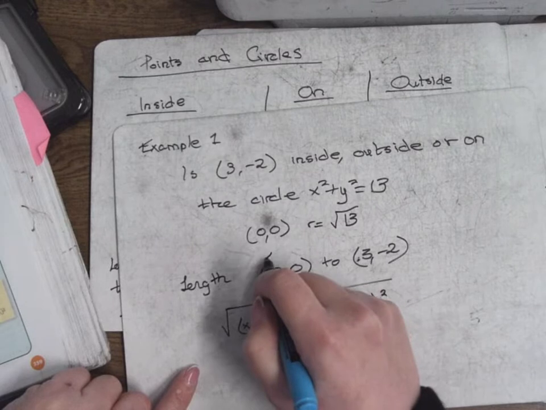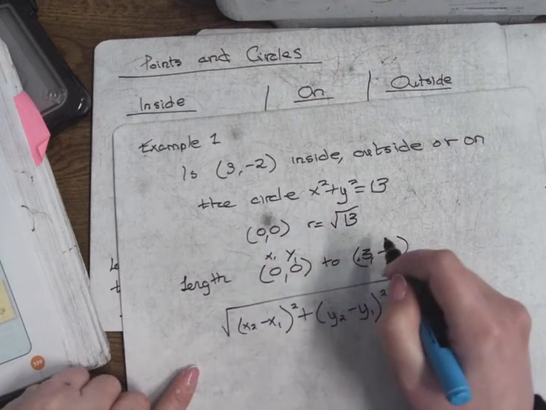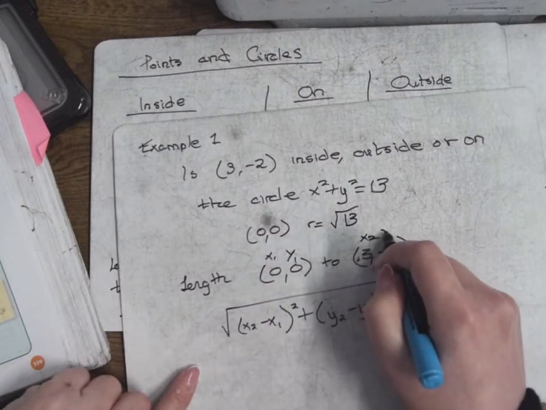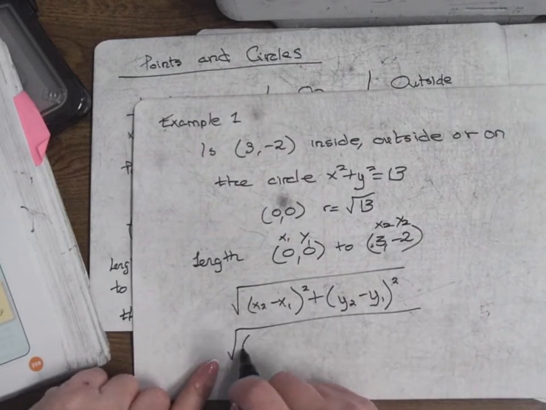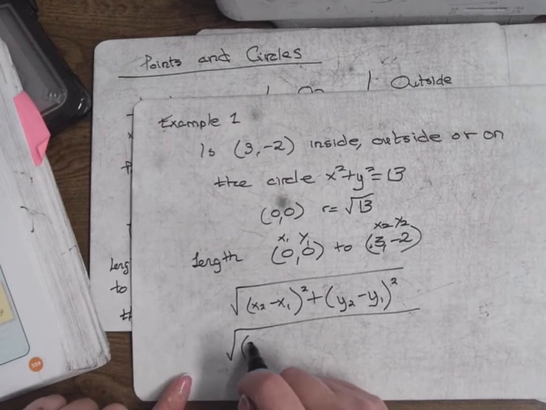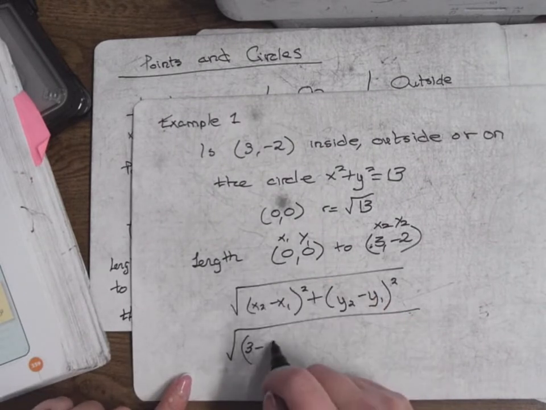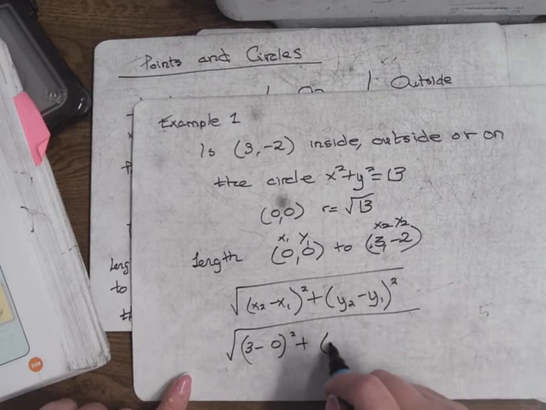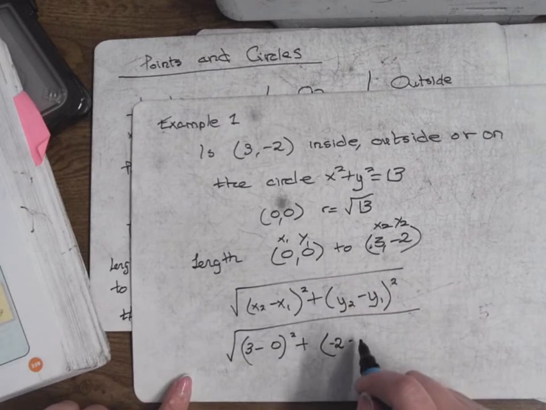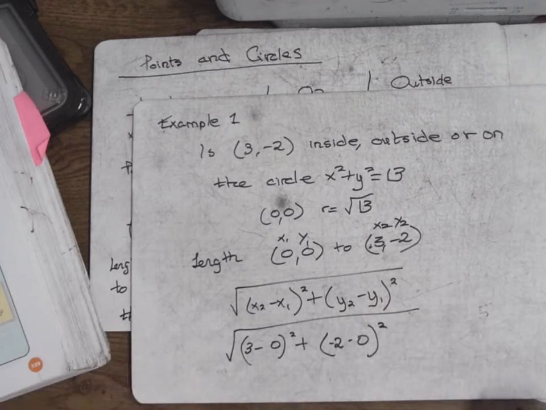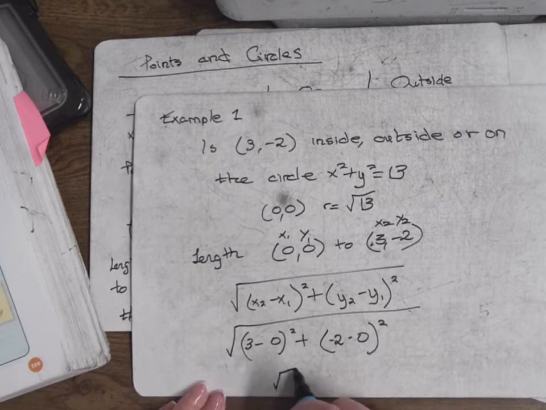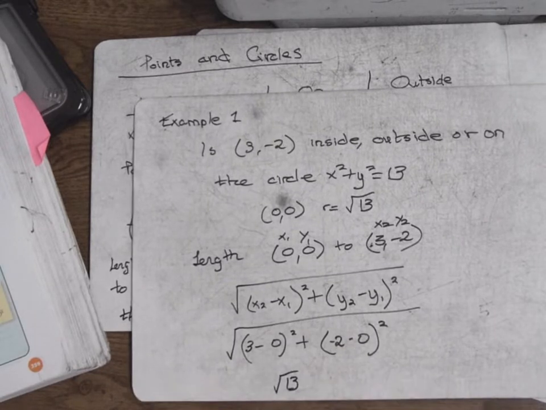So we call this x1, y1, x2, y2, and fill in. So square root of x2, which is 3, take away x1, which is 0, all squared, plus y2 is minus 2, minus y1 is 0, all squared. Type it as you see it into the calculator, and you end up with the square root of 13.